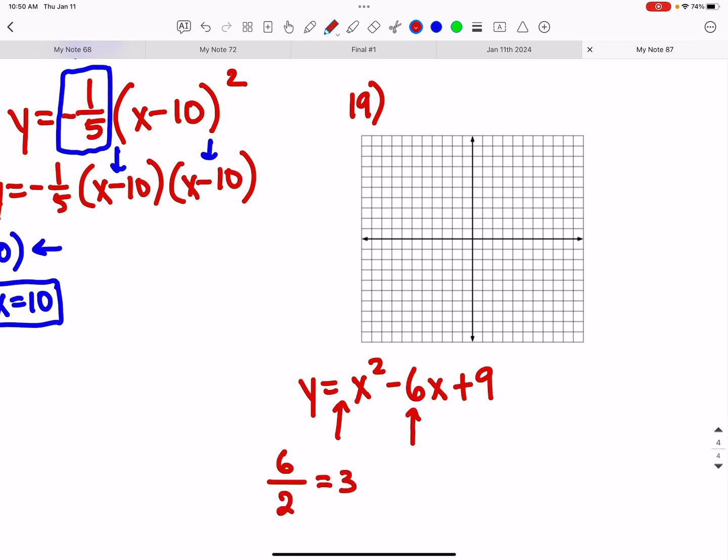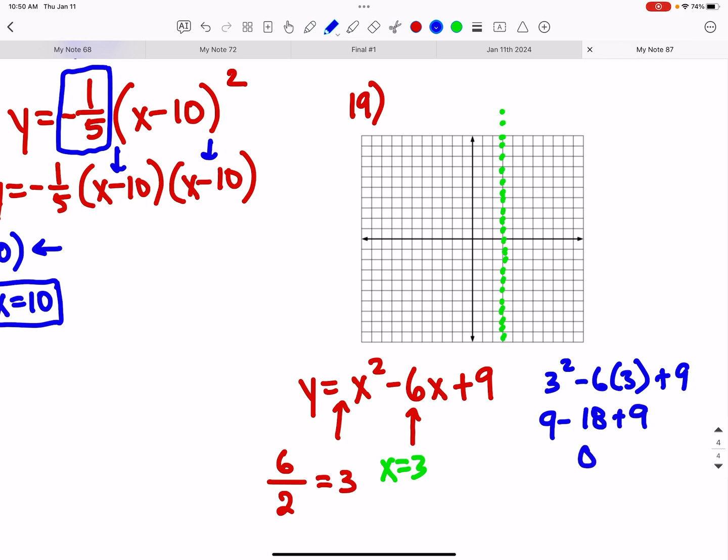So the axis of symmetry is at x equals 3. Okay, so if we plug in 3, where is the vertex? 3 squared minus 6 times 3 plus 9. 9 minus 18 plus 9. That is 0. So 3, 0. That's where it's at. So that is the only spot that it's going to be.